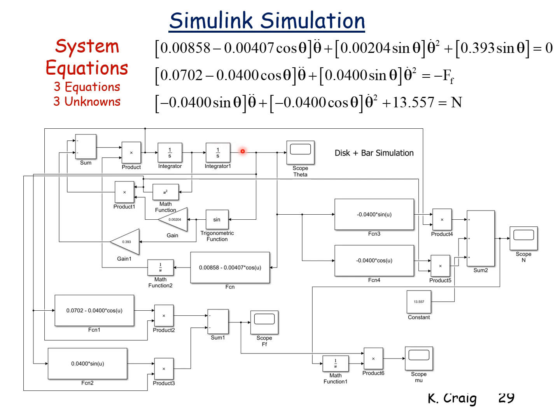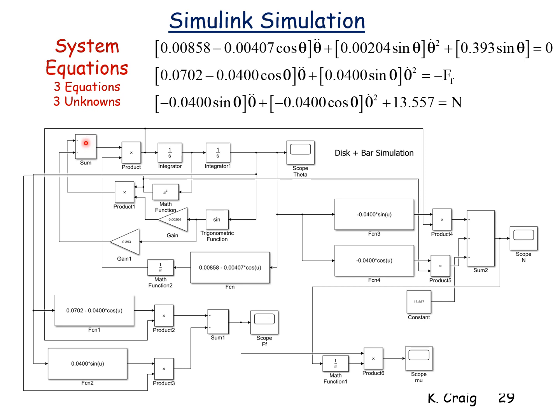My first equation says that theta double dot equals the product of 1 over this term here, which is the inverse of 0.00858 minus 0.00407 cosine of the input. The input is theta. So 1 over that times the sum of these two terms.